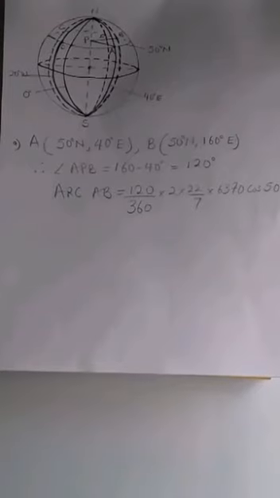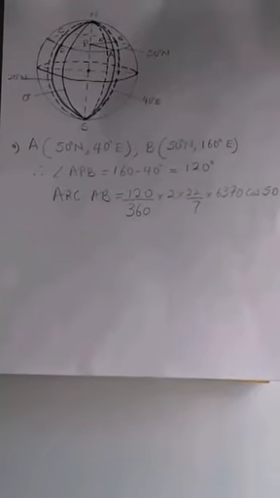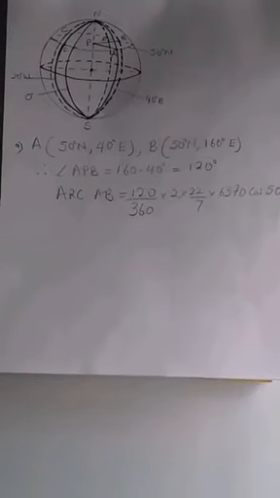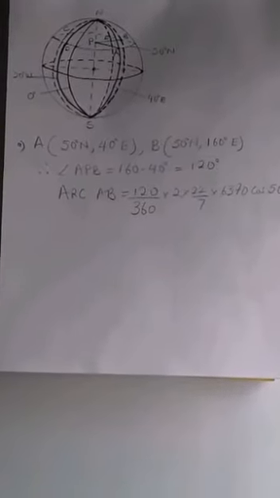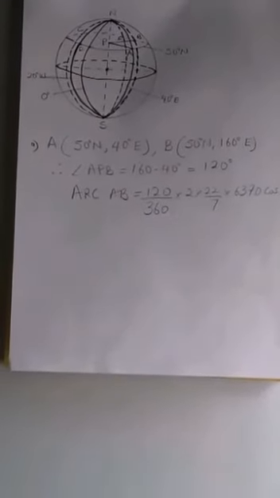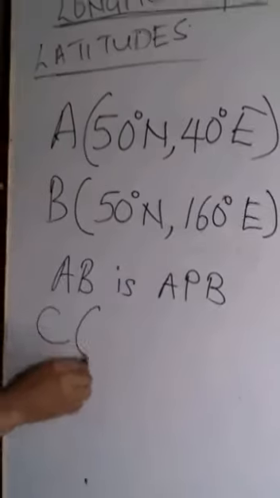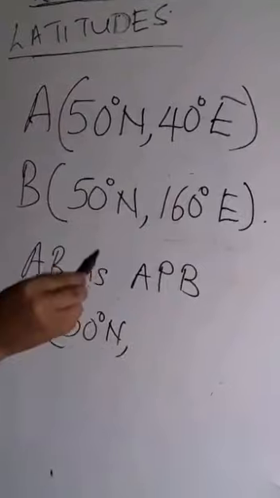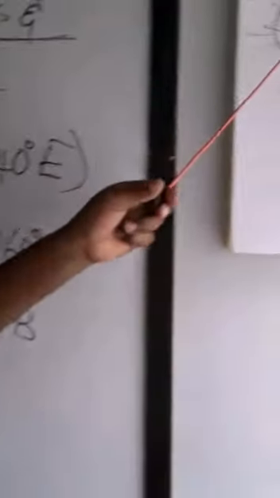So I think that part needs to be clarified when you're considering points on the hidden side of the globe. Point C equally is on the hidden side. Let's try to locate point C here. Point C lies on 50 degrees north, and let's go back to the diagram.